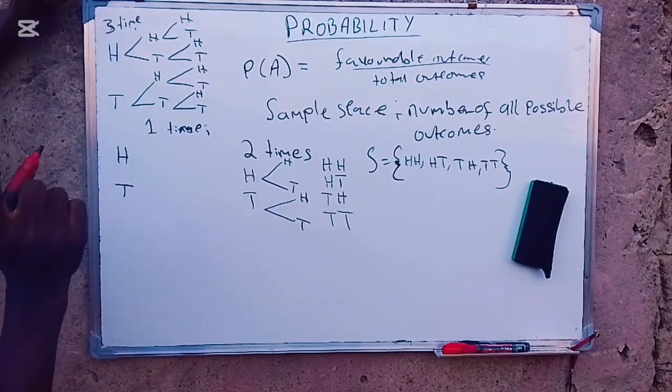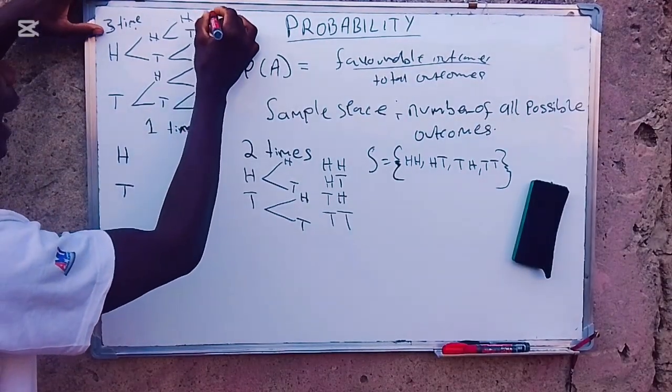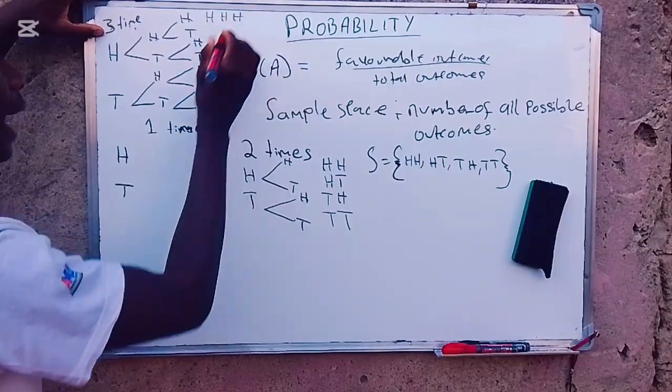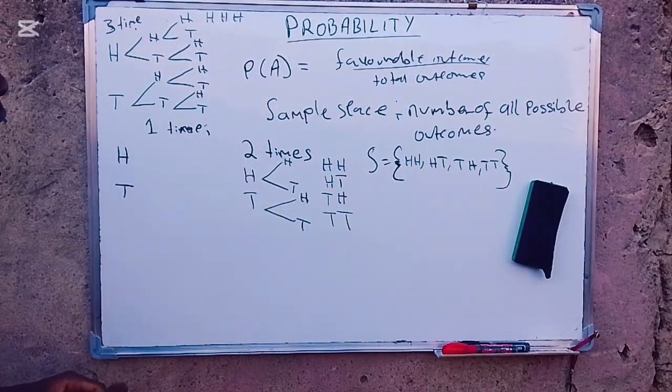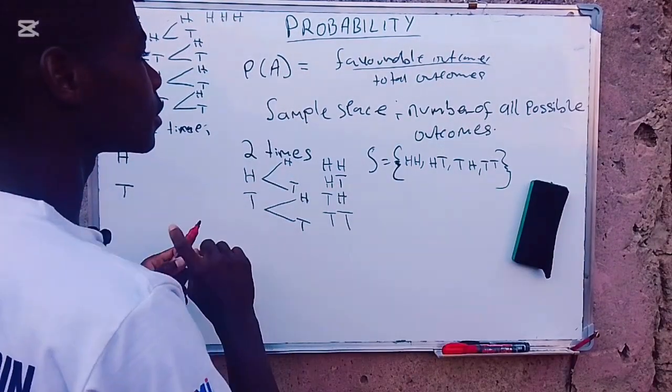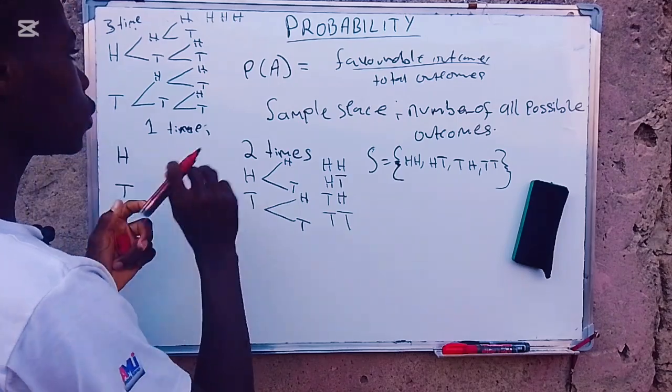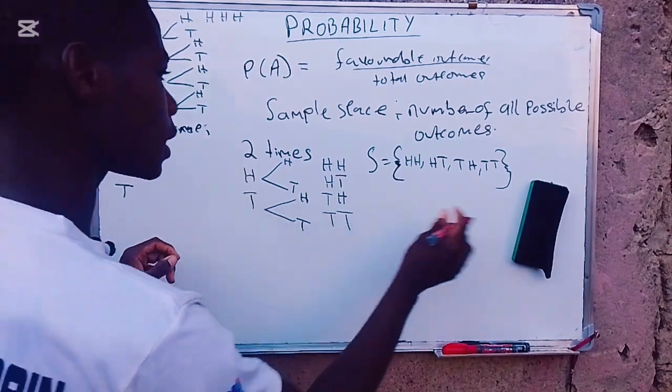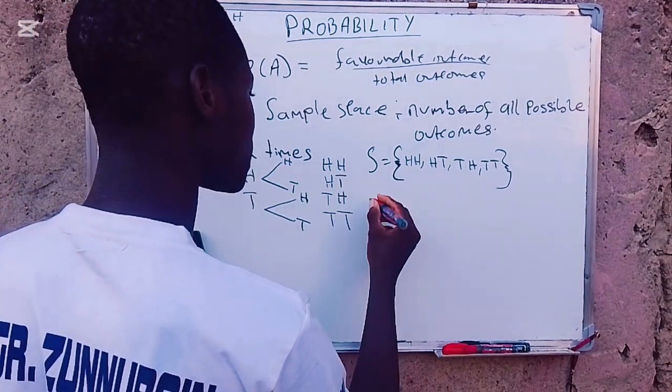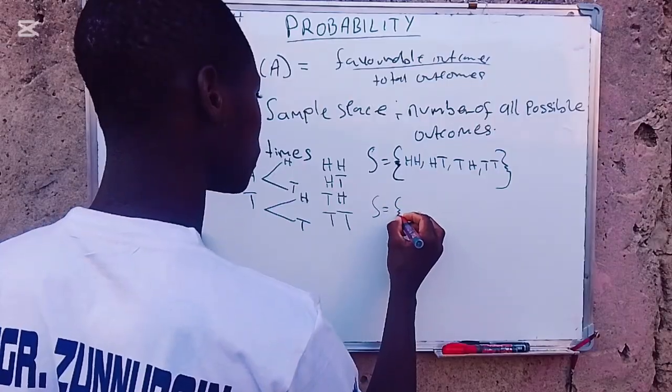So if I flip it three times, what is the probability? There is a probability of getting head and head. So what will be the total outcomes? Let me say here is the sample space.